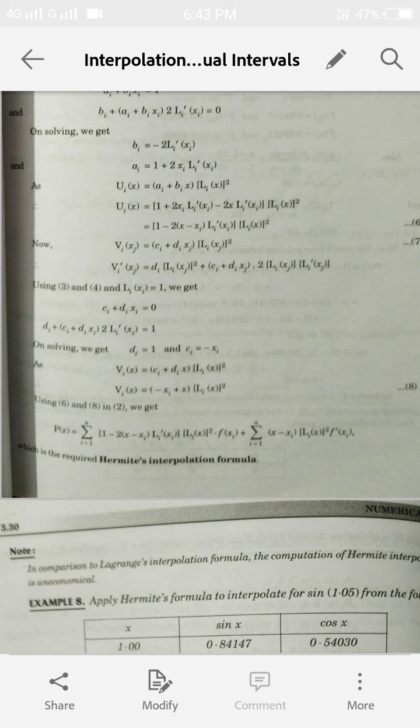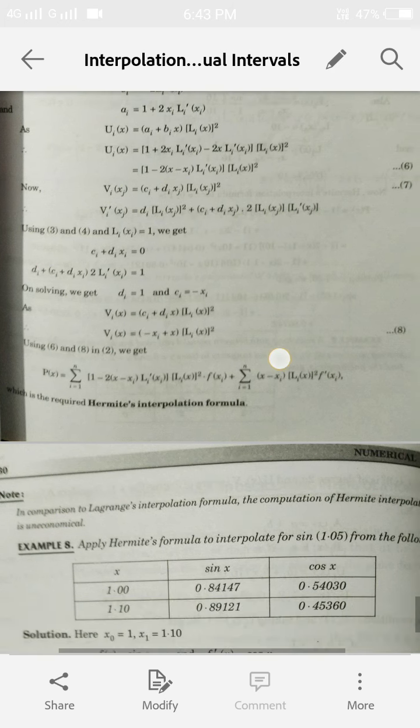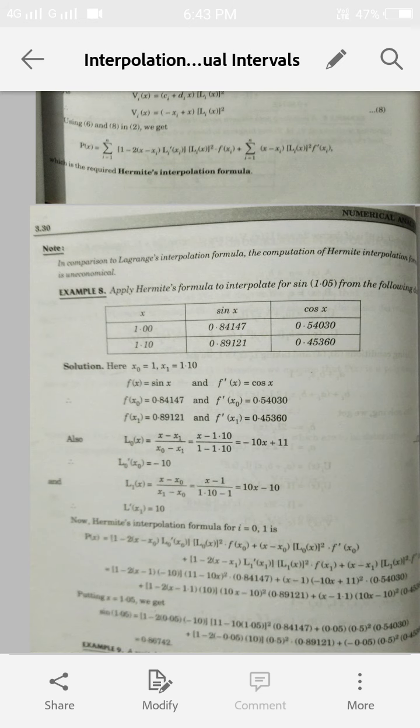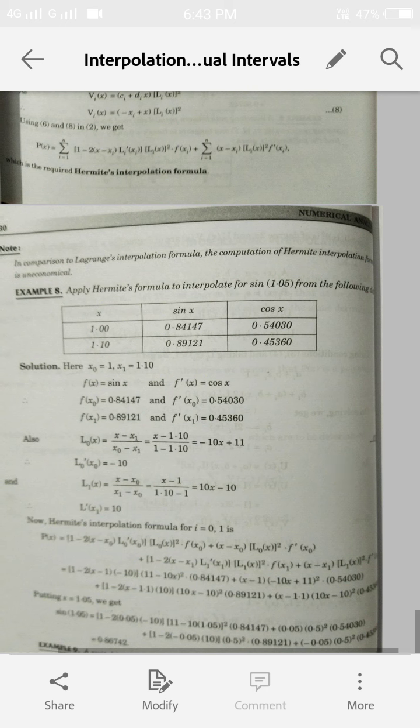This is the Hermite's interpolation formula, and it is more complicated than the previous ones, that is, Newton's divided difference formula and the Lagrangian interpolation formula. And this formula we can apply for unequally spaced intervals.